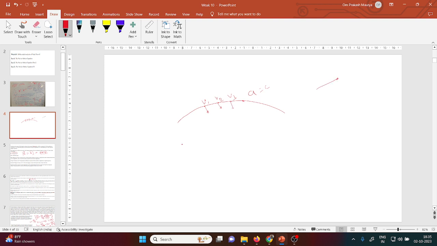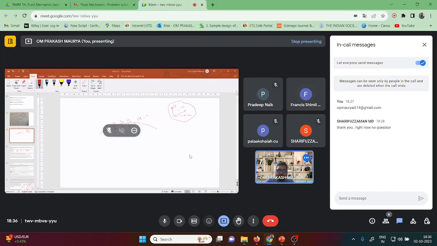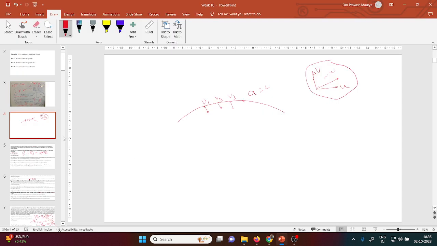If the vector is there, this is your u, this is your v, and this is your w. Don't confuse this with the velocity vector along the streamline, and the normal thing is that if the path is curved, additional acceleration comes. So this is the meaning. I hope your doubt is clear. Yes, sir.